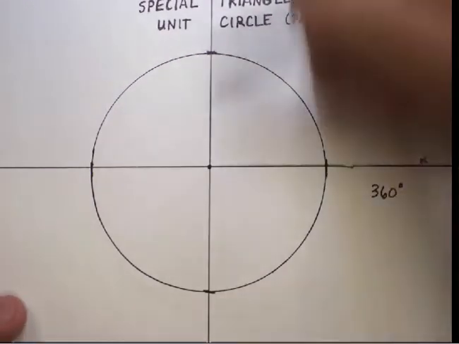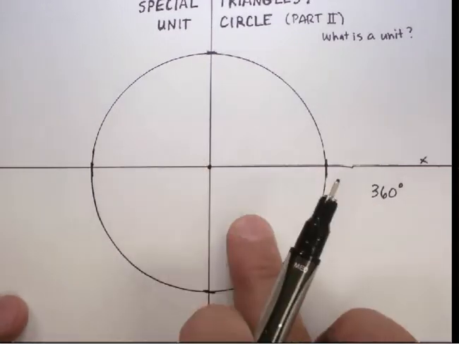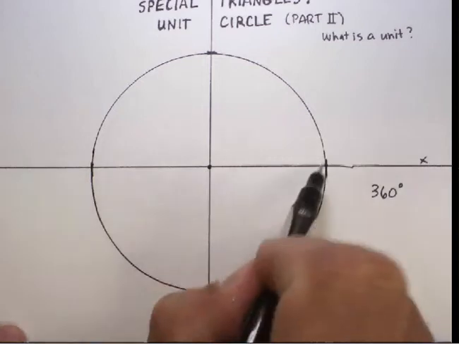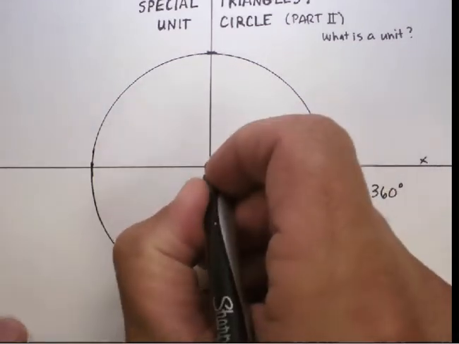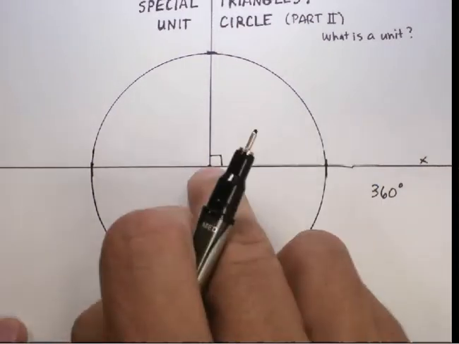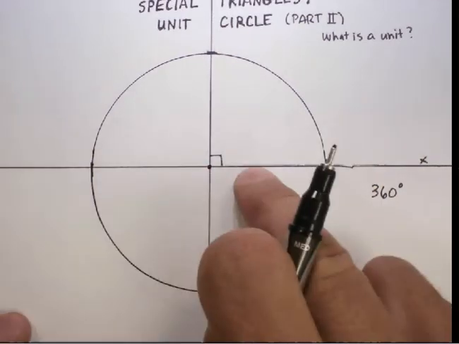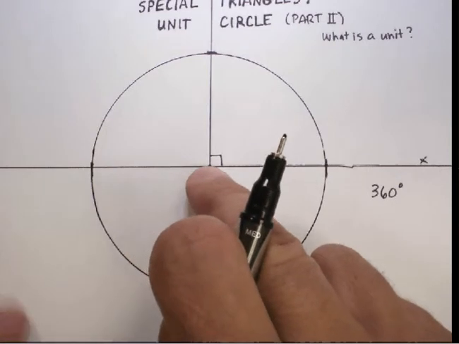When you cut it into fourths like this, each of these quadrants then becomes 90 degrees. So the distance from here to here, for example, is a 90-degree angle. And we know that because you probably recognize that's the symbol for perpendicular lines, right? And perpendicular lines are 90 degrees.